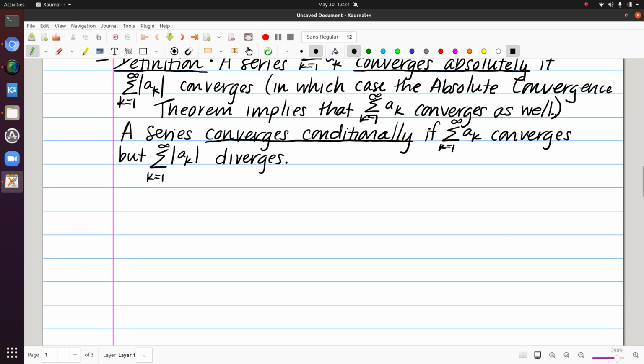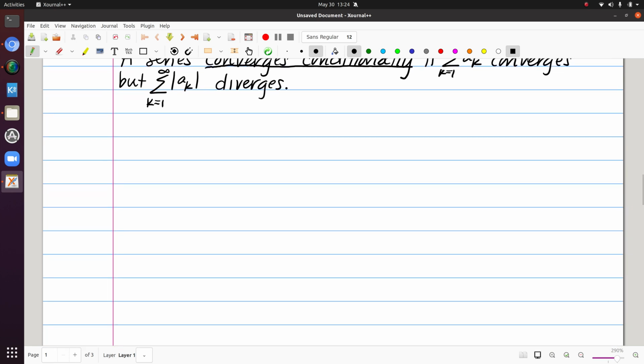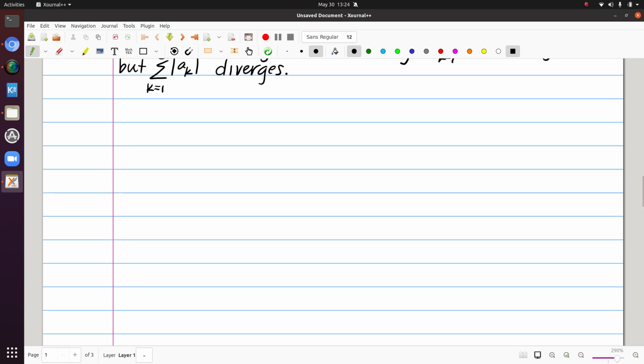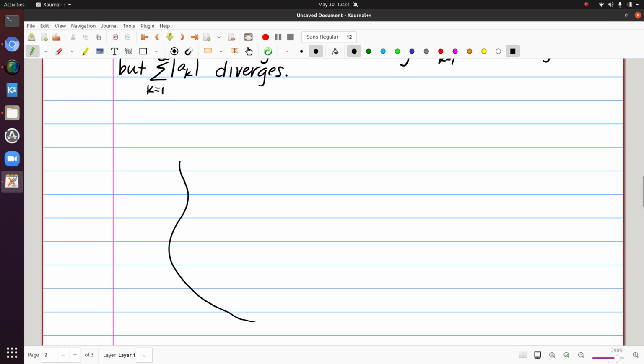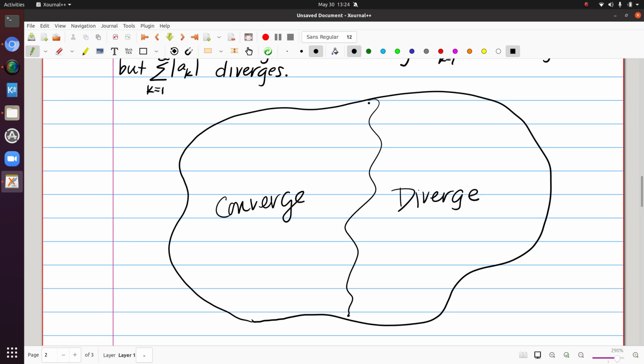So just to make sure this is clear, it's not that this is contradicting our previous idea of convergence. Instead, think about if I had a picture here of the collection of all possible series. We've seen that some converge and some diverge. And what we're doing here is we're not touching anything on diverge. There's still only one kind of diverges. We're not interested in further classifying that.